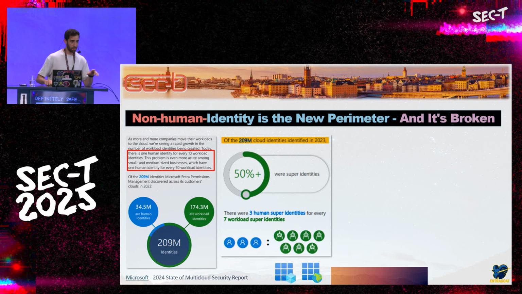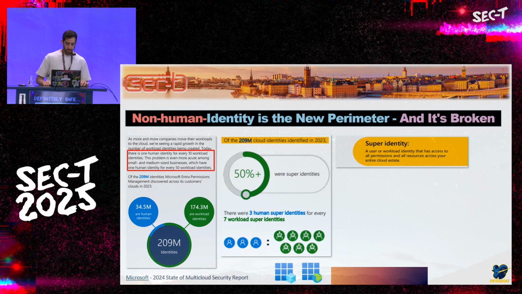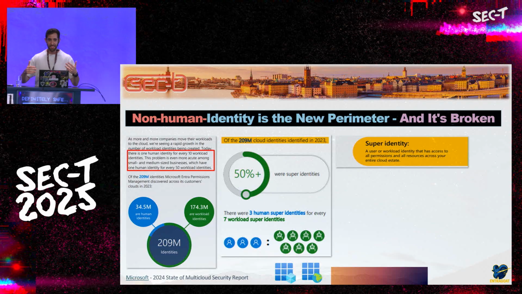Well, according to their report, a super identity is a user or a workload identity that has access to all permissions and all resources across your entire cloud estate. In my opinion, it should not be called a super identity, but rather a super duper ultra mega pro identity, because again, all permissions and all resources in your cloud estate are accessible to those accounts.